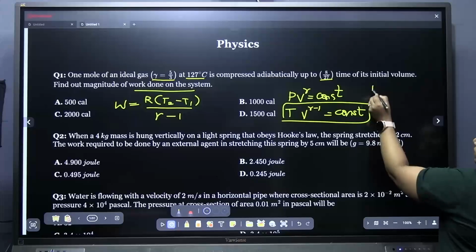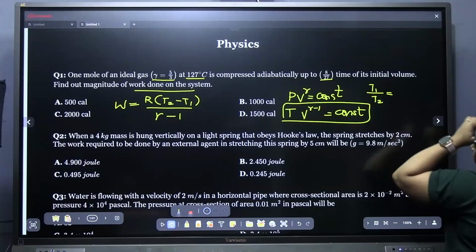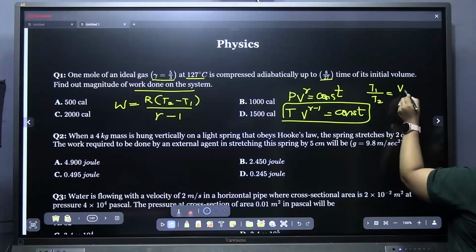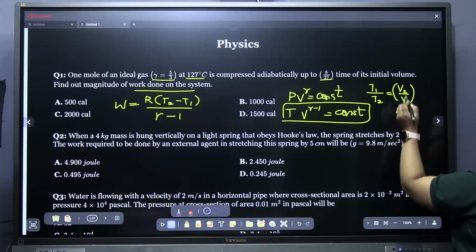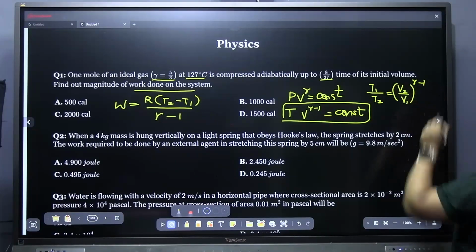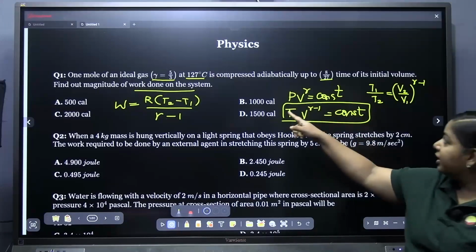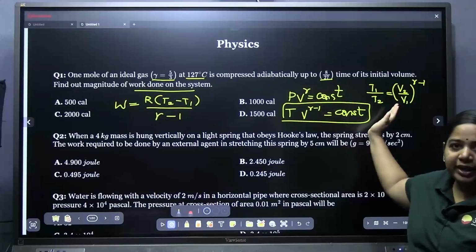You can take that T1 by T2 is equal to V2 by V1, the whole power gamma minus 1. So T1 is given, V1 by V2 is also given, so substitute that.